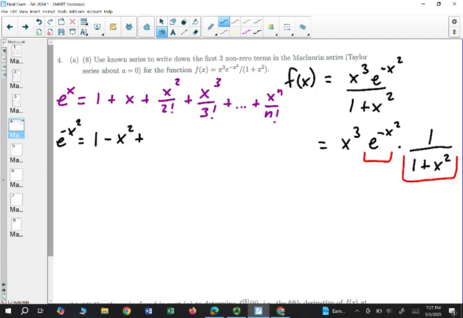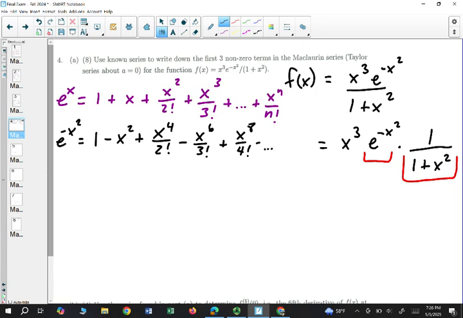And then plus, replacing again x with negative x squared, we square it, we get x to the 4th. Same thing, negative x squared being cubed, that'll be a negative x to the 6th. And then x to the 8th over 4 factorial. And then obviously this will keep going. You'll have a minus here, and then a plus, it'll just keep alternating.